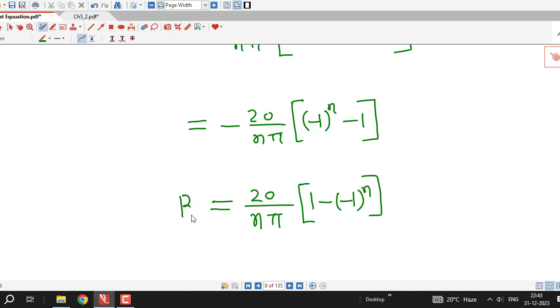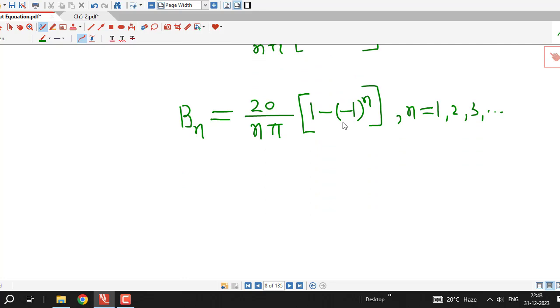This is the value of Bn, where n starts with 1, 2, 3 and so on. Now due to this (−1)^n, we know that (−1)^n is 1 if n is even, and it is −1 if n is odd. So if n is even, this is going to be 1, and we have 1 minus 1 equal to 0. So Bn will be 0 if n is an even number, and if n is odd, this is going to be −1, and minus minus is plus.